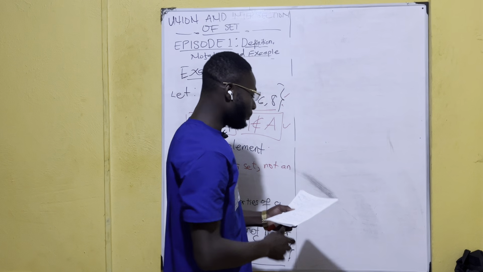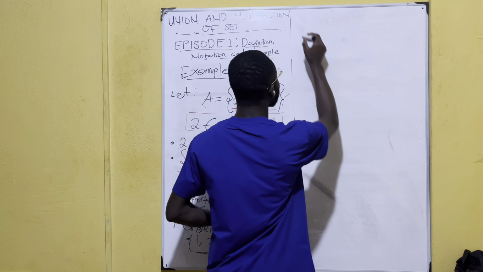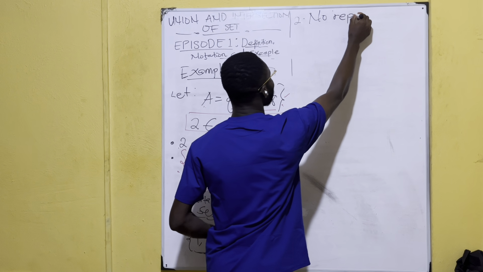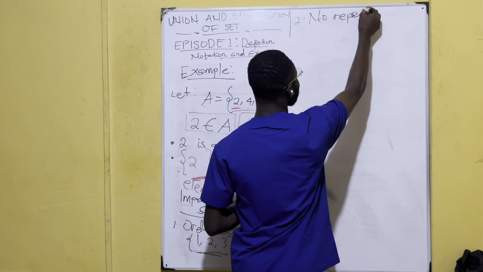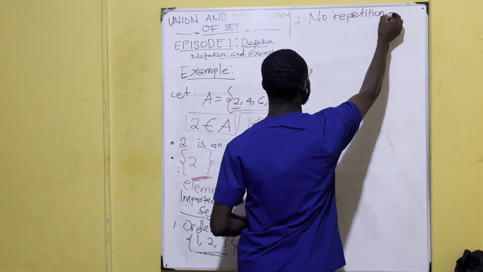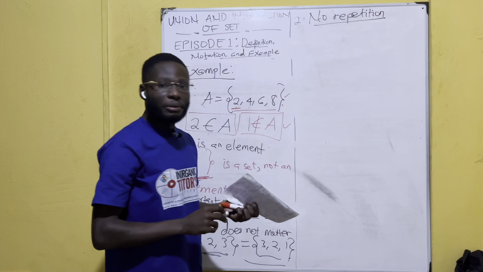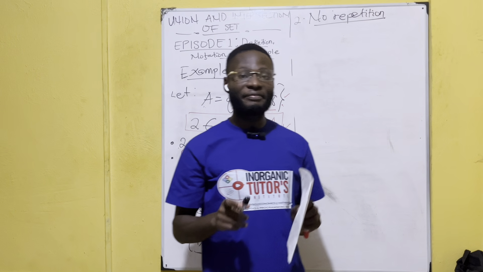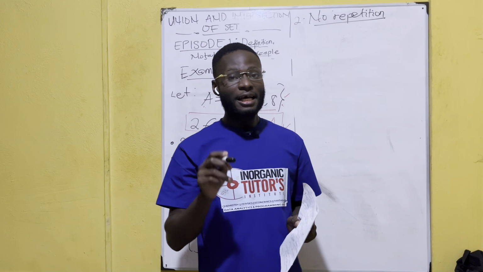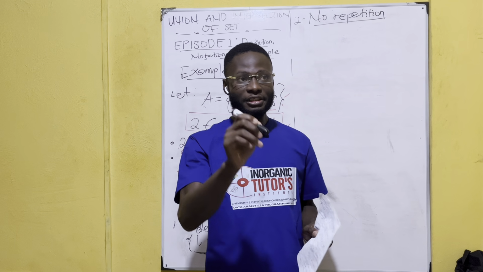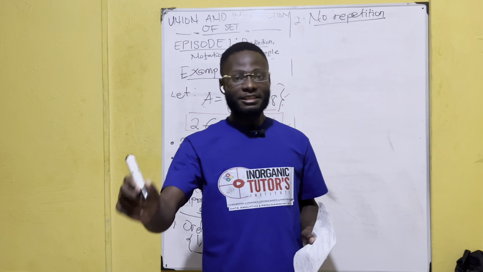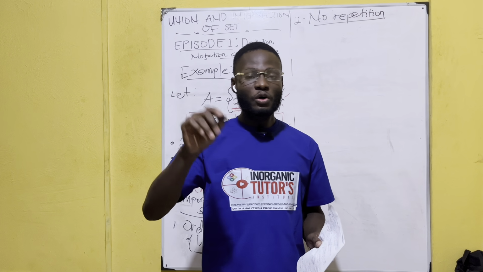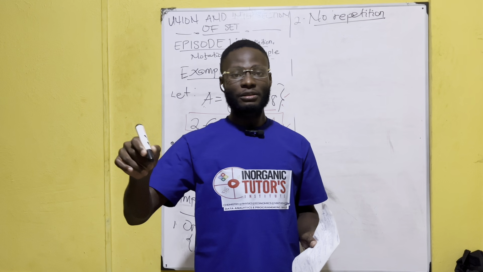The second important property is we don't prioritize repetition. No repetition. When we are defining a set, we don't need repetition. If Einstein is already here, we need only one Einstein, not Einstein twice.